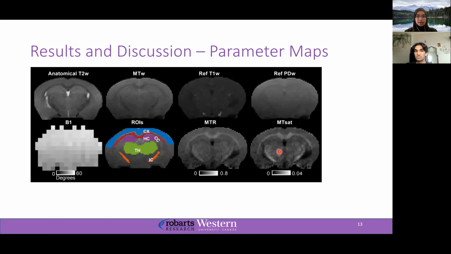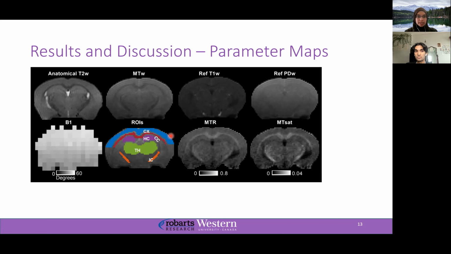Here are parameter maps that were used. There's an anatomical T2 weighted image, a magnetization transfer weighted image, a reference T1 and proton density weighted image, as well as a B1 map acquired from the scans. And here we show the ROIs overlaid on an MT weighted image.